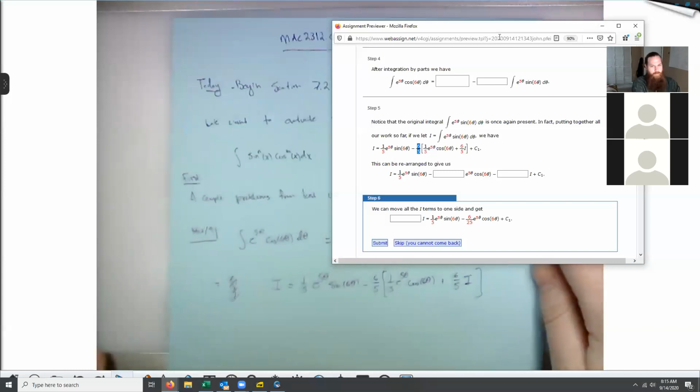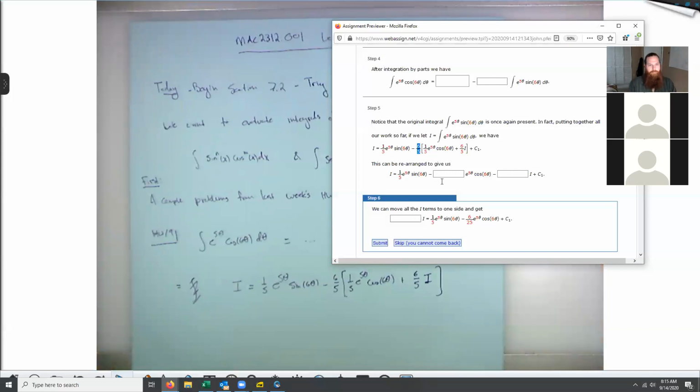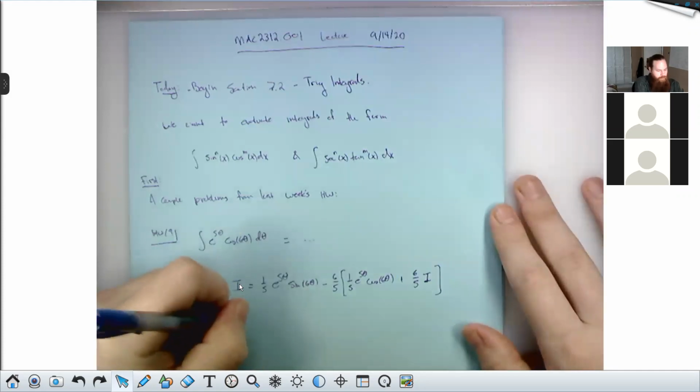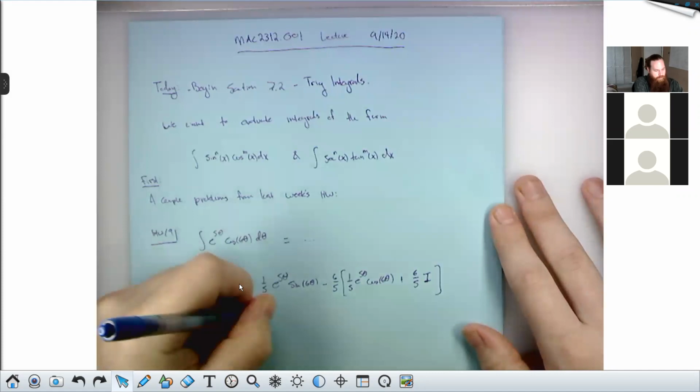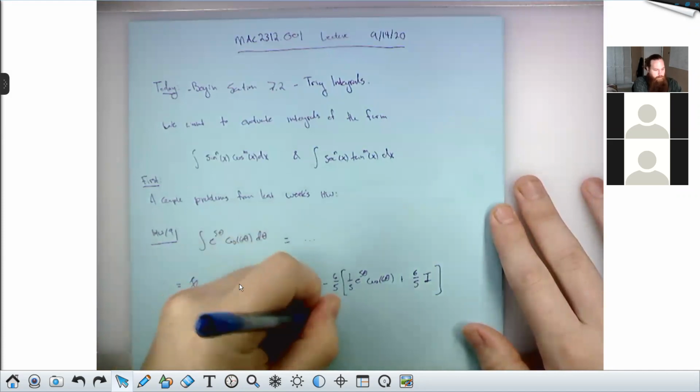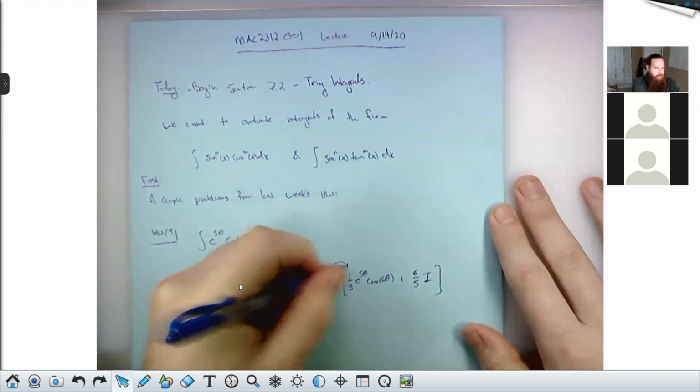Okay, so we're at this step here. The step Hotanji was wondering about is when I gather all of my copies of my integral on the left-hand side, what's the constant? If you distribute everything, you'll have I equals 1/5 e to the 5 theta sine 6 theta minus, I'm distributing this 6/5 now, Hotanji.